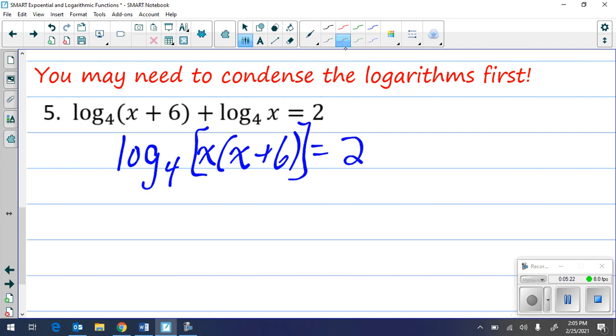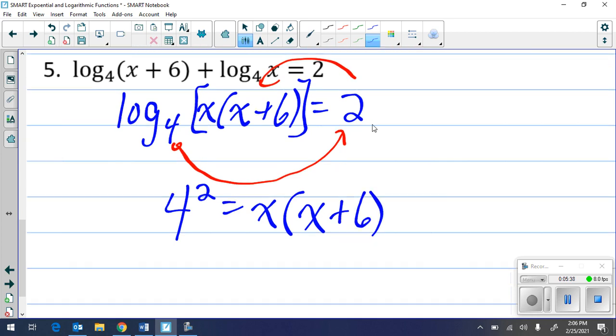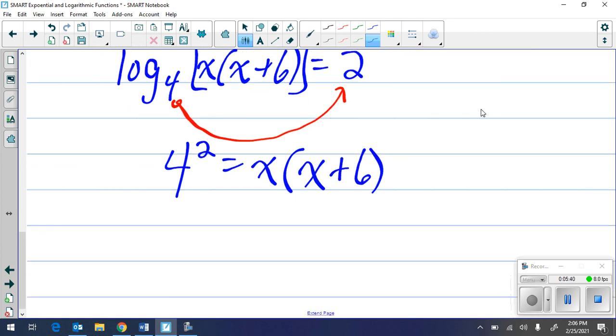And then I can rewrite as an exponential. 4 to the 2 equals x times x plus 6. And that's going to be a quadratic, so I'm going to need to get this into standard form. So 4 squared is 16.